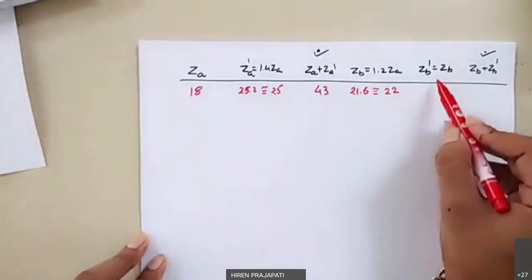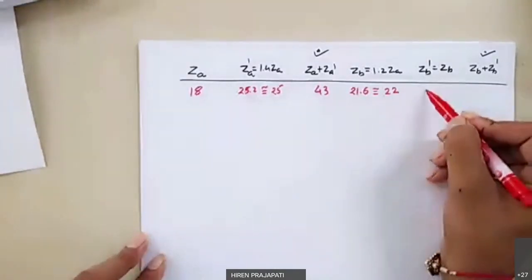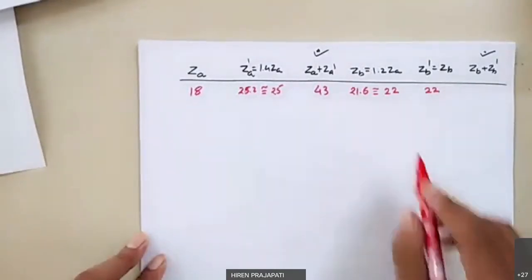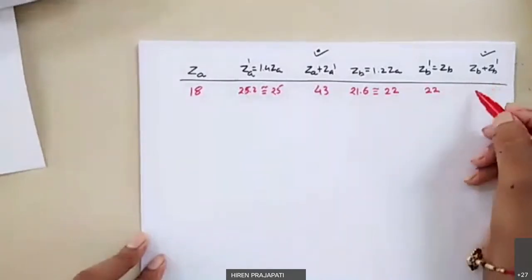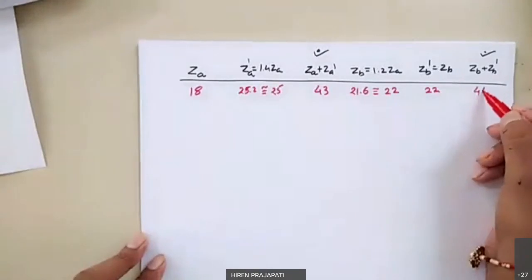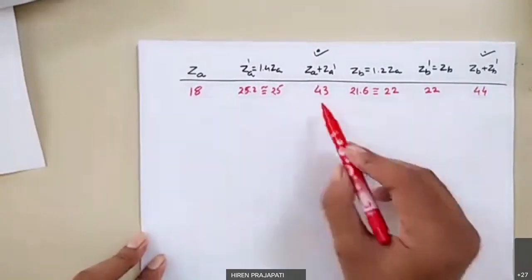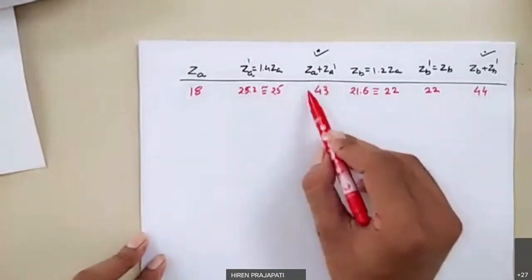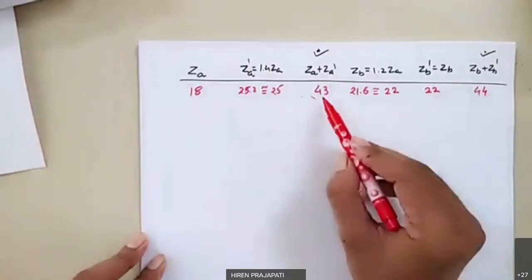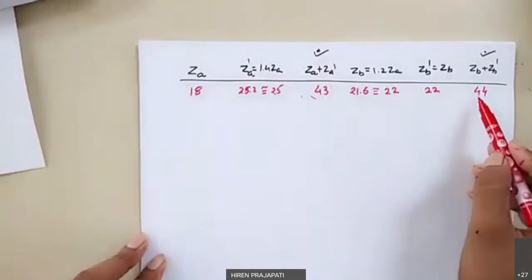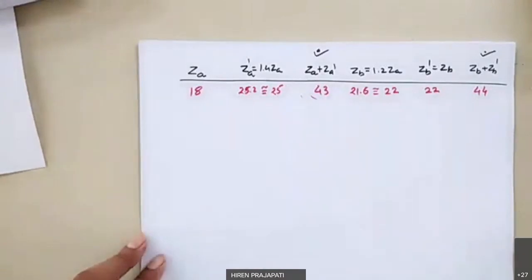ZB dash is also 22. If we make the sum of that as the last column, then 22 plus 22 is 44. But we are not able to match these two columns. Here it's 43 and here it's 44. So we cannot go for 18. Let us move further.